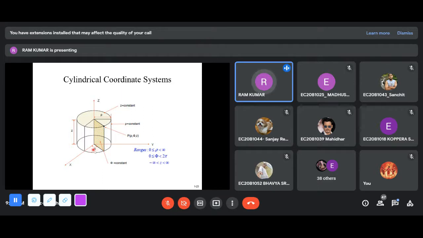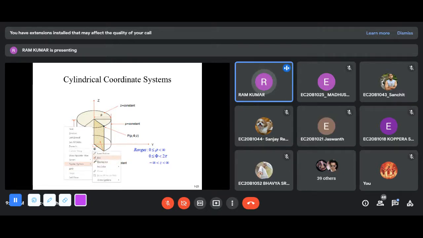That is called phi. So phi varies from 0 to 2 pi. Then z is simply the height of the cylinder, which lies from minus infinity to plus infinity. This is the cylindrical coordinate system.